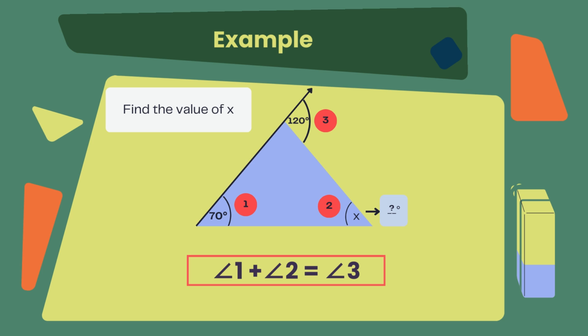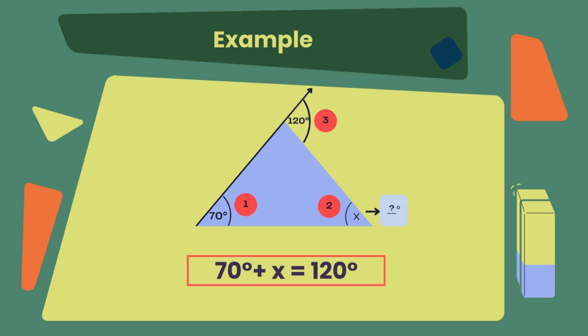Here angle 1 is 70 degrees and angle 2 is unknown, therefore x, and angle 3, that is our exterior angle, is 120 degrees. By putting in the values, 70 degrees plus x is equal to 120 degrees. That is, x is equal to 120 degrees minus 70 degrees. Thus, x comes out to be equal to 50 degrees. Easy, right?